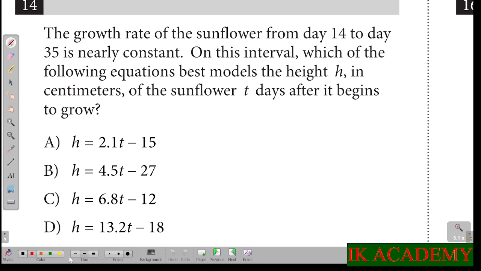According to the table, let t1 equal 14 and t2 equal 35. What does it mean?